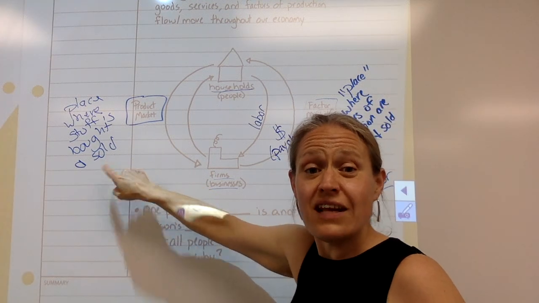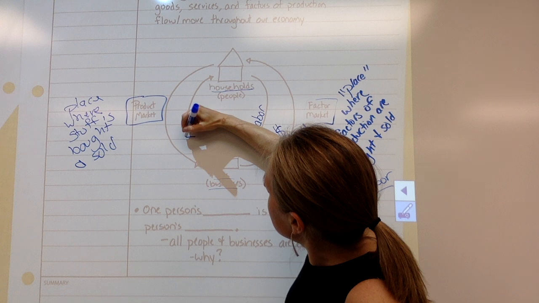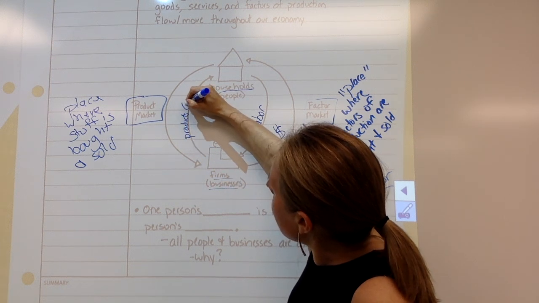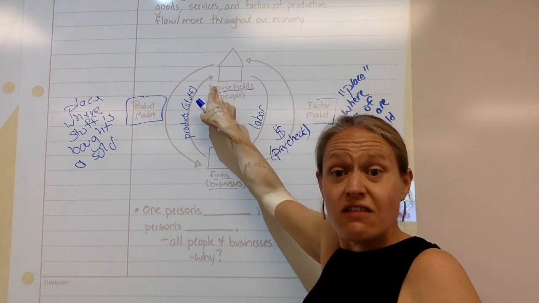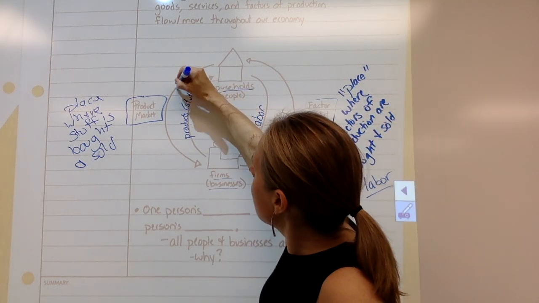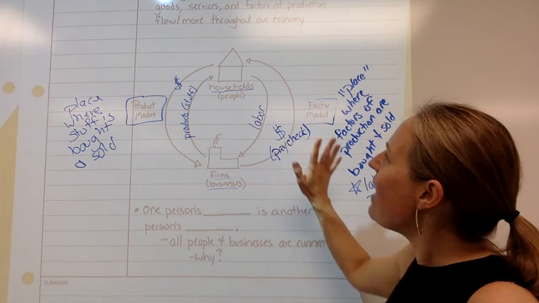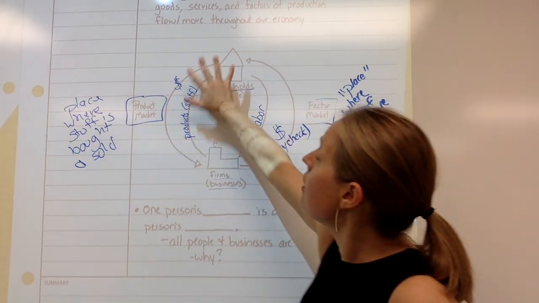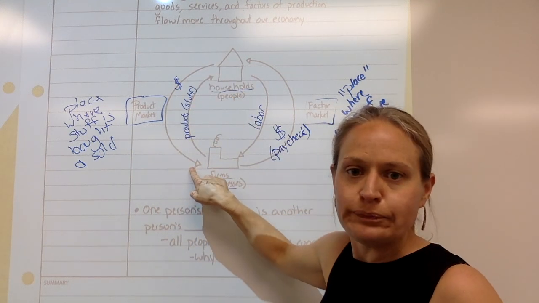When we're buying and selling stuff, the firms send to the households the products, or what I like to call the stuff, and the businesses give us that stuff, but in return, of course, we have to pay for it, right? So we send them money. So this arrow going back to the firms is money. Right? This is super simple, right? You guys already knew that businesses sell people stuff for money.